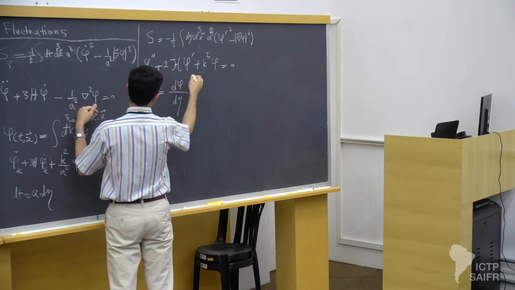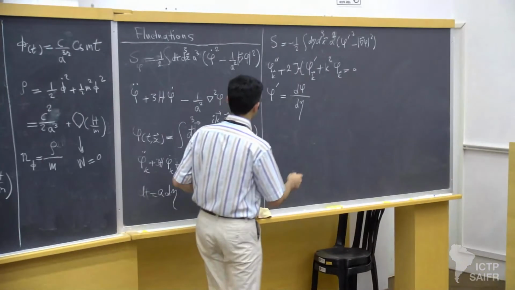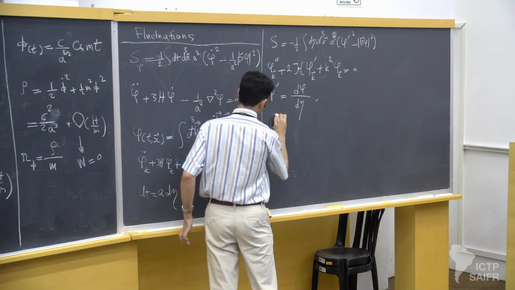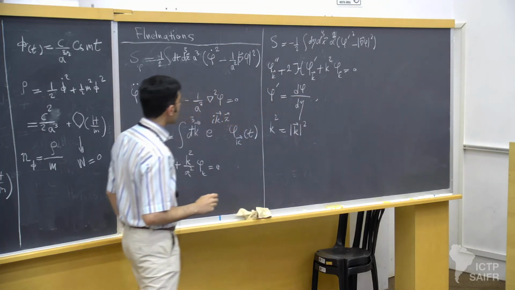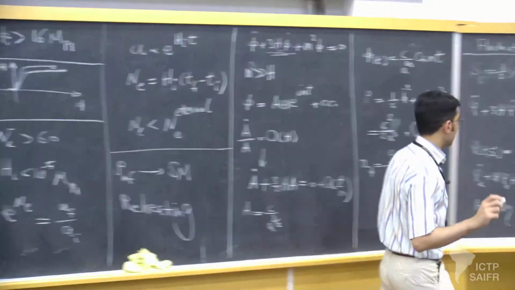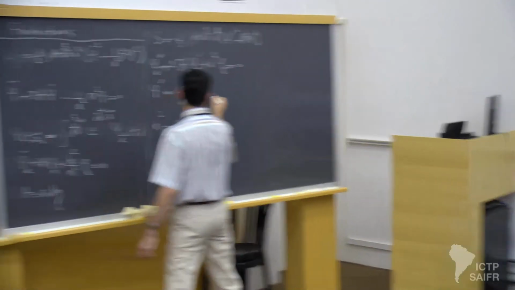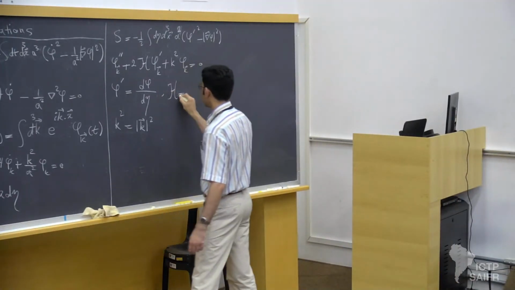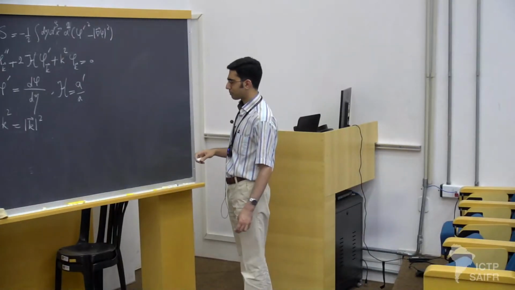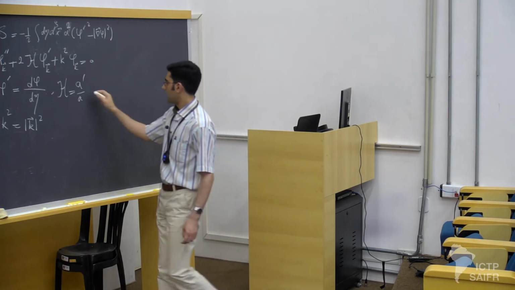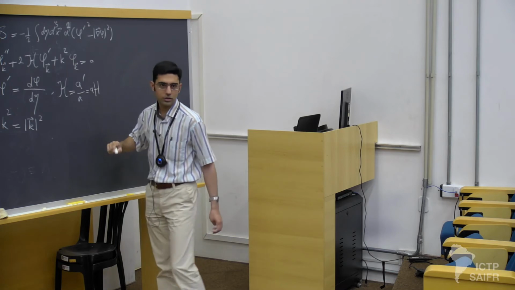Remember that everything has a label k. When I say k squared, it means norm squared of the vector k. Let me give you one more definition and then answer the question. When I say curly h, that is a prime over a, and this is just a times the usual non-curly h. Yes?